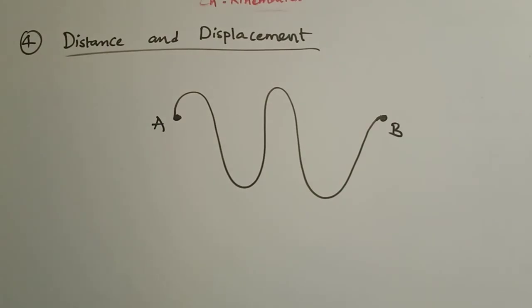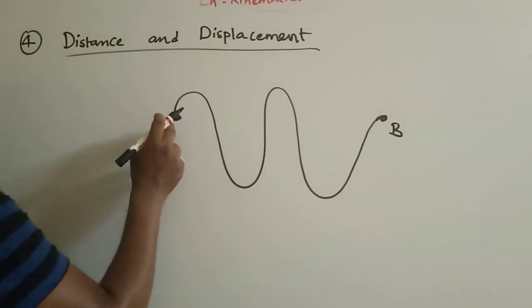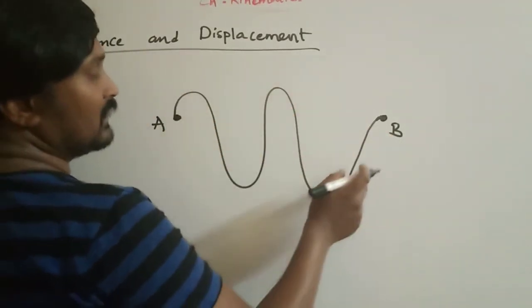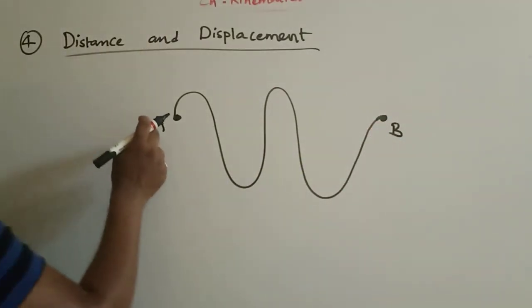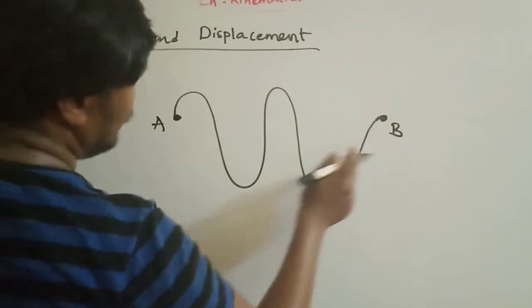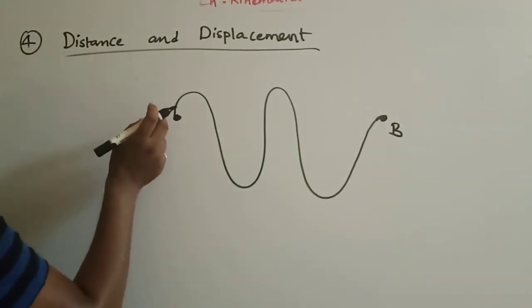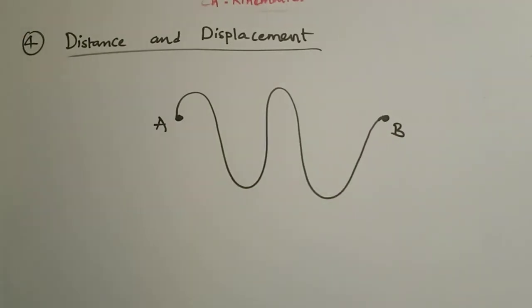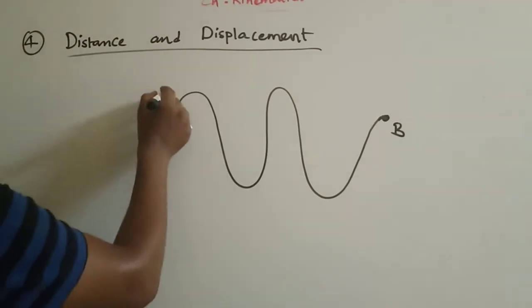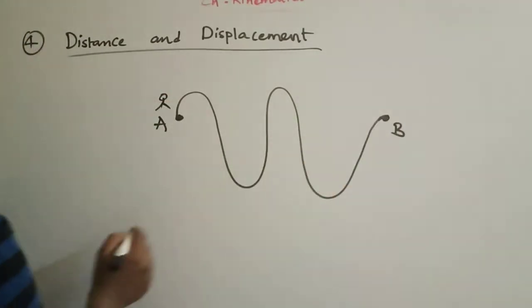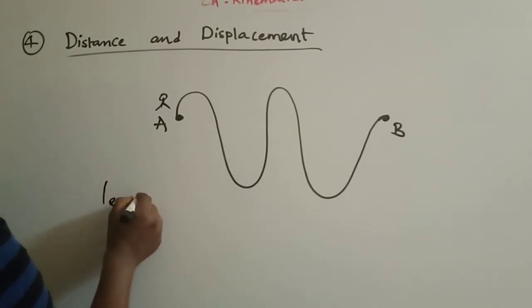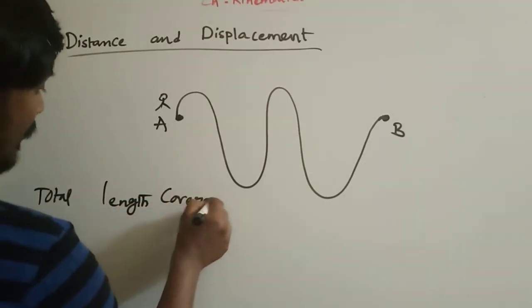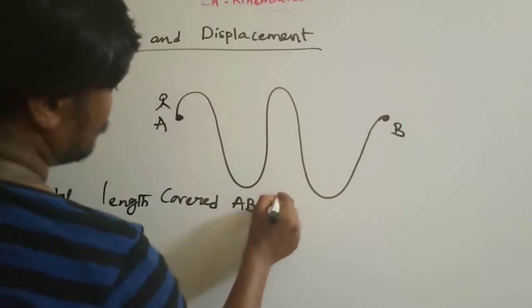Observe carefully here. From point A to B, whatever he covered, by using a vehicle or by walking, however it is, he covered the distance between A to B. So we can say that the total length covered from A to B is called distance.